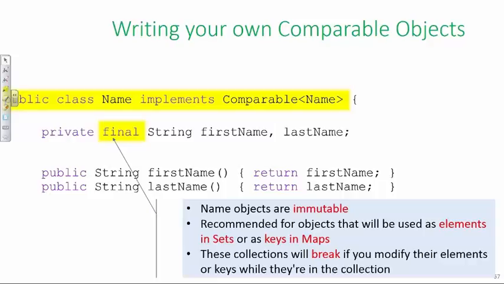Because think about it. You have a first name and last name. You use them to compute your hash value to insert in a map. You insert at a certain location in the map, and then you still have a dangling reference somewhere in your code to that first name, last name, and you modify the string. Strings in Java are already immutable, the basic string. StringBuffer is another story, but the basic strings are already immutable.